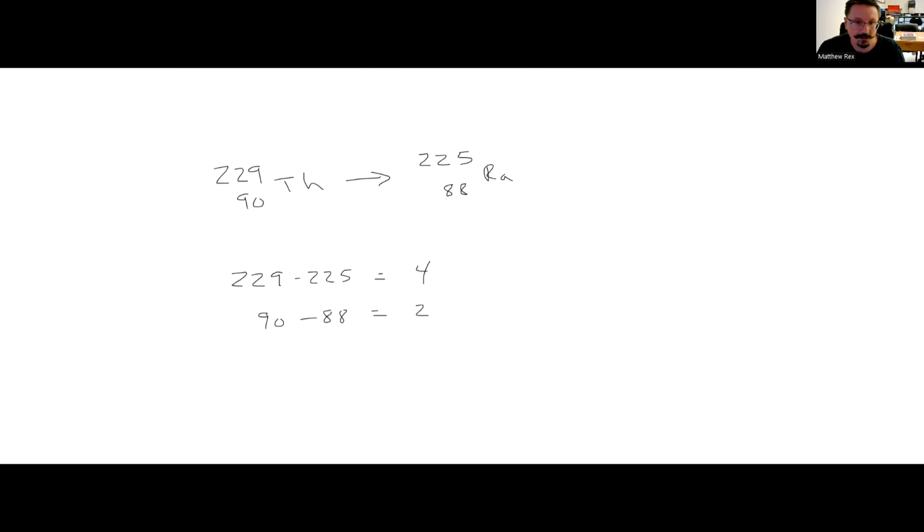And the thing that has a mass number of 4, 2 protons, 2 neutrons total is an alpha particle. So this would have to be alpha decay then, if it lost an alpha particle.